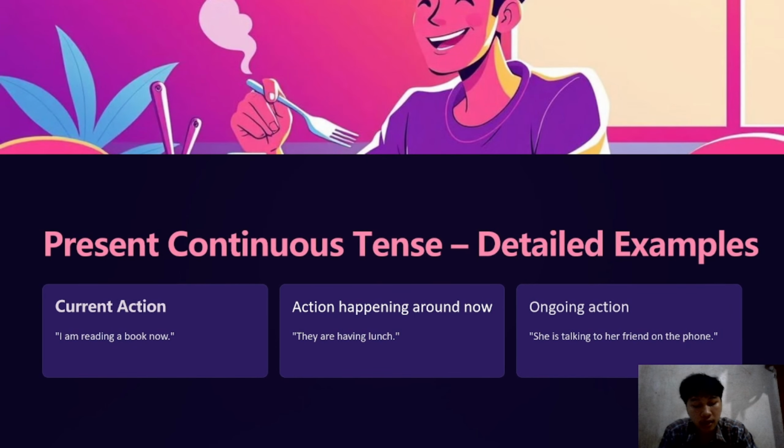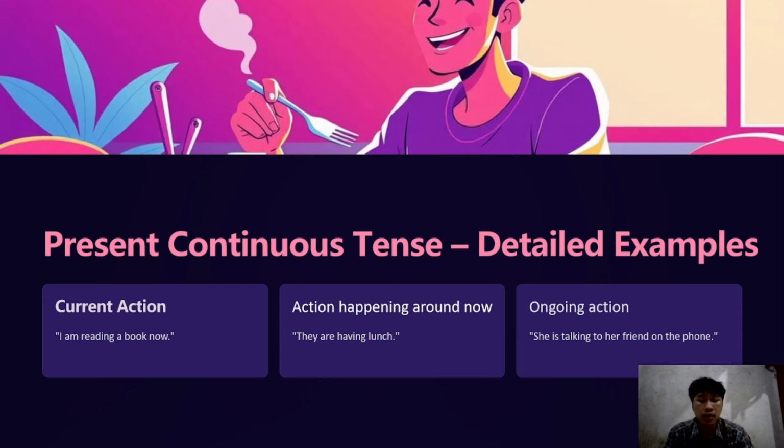Here are some examples to make this clear. I am reading a book now. This describes an action that's happening at this exact moment. And example 2, they are having lunch.